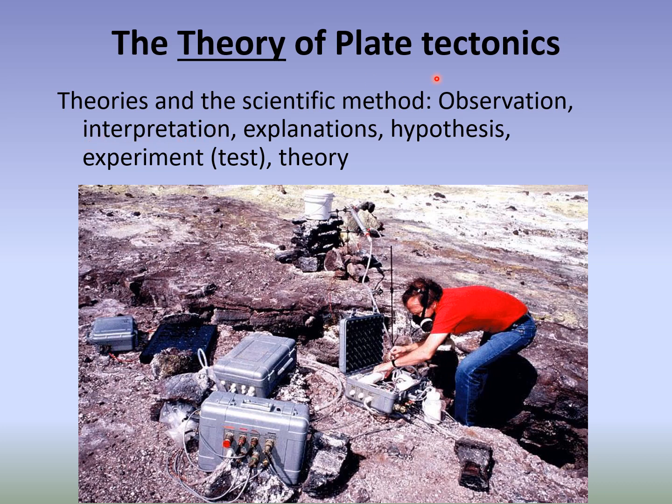So seeing that something's happening, interpreting the thing that's happening, explaining the thing that's happening, so explanations, and then forming a hypothesis about why it's happening, and then testing the hypothesis through experimentation. And if all those steps go well and your hypothesis is confirmed and it survives repeated tests, then it becomes a theory.